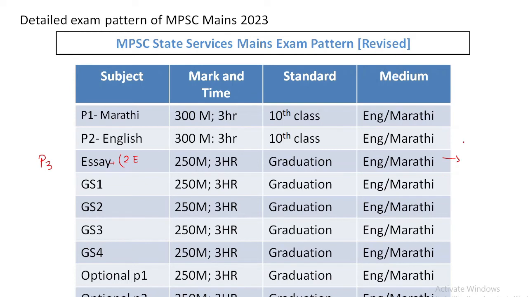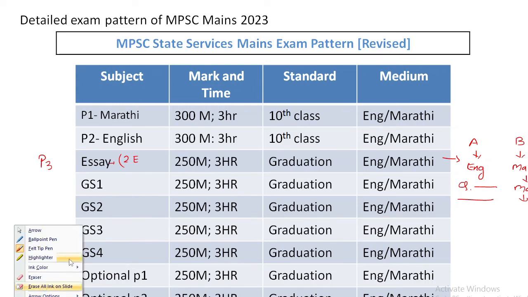Suppose A and B both give the exam, and A chooses English as the medium, then his whole question paper is only in English, and he has to write all his answers only in English. And suppose B opts for Marathi as his medium, then his whole question paper is in Marathi only, and he has to write all the answers in Marathi. Okay, I hope you don't have any doubt till here.